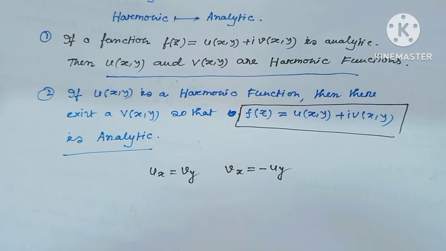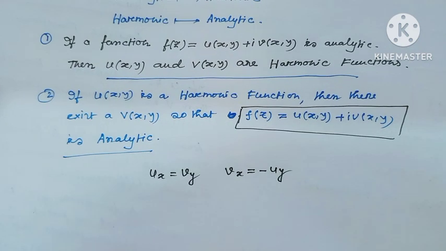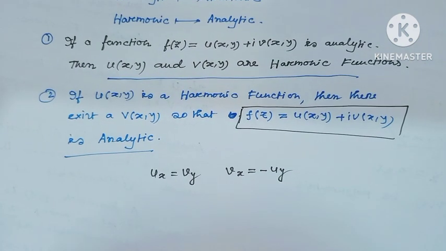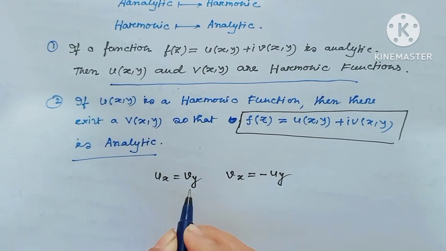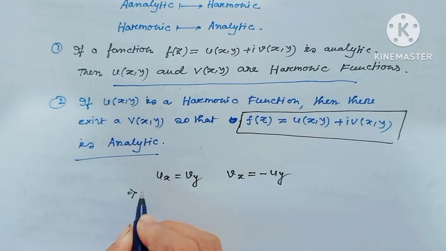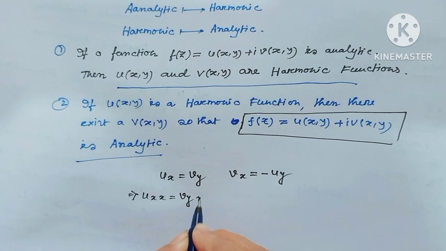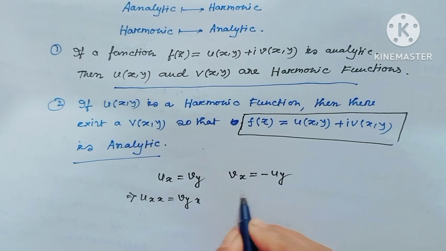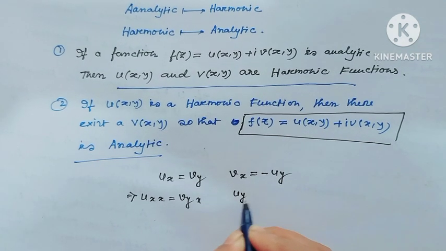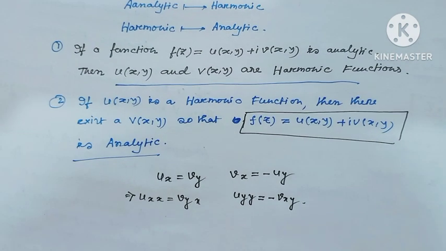If we partially differentiate the above equations, one with respect to x and the other with respect to y, then we get u_xx = v_yx and u_yy = -v_xy.